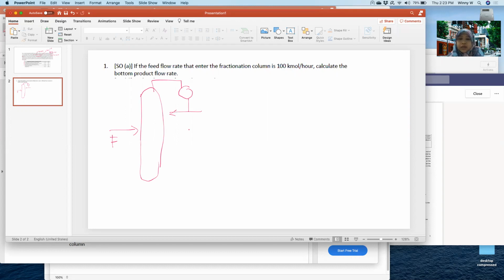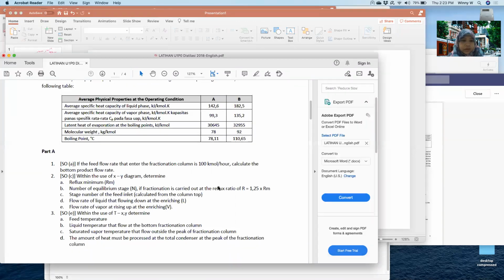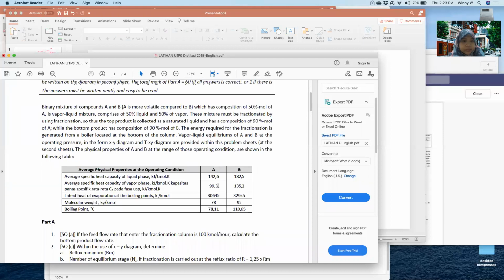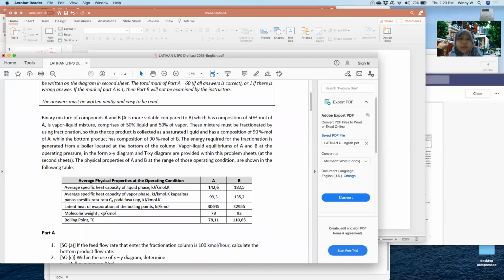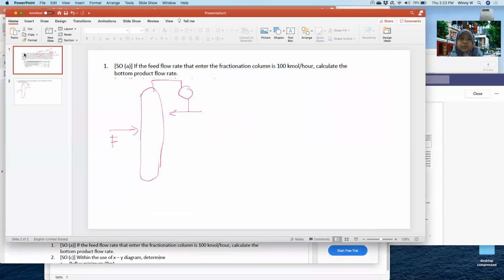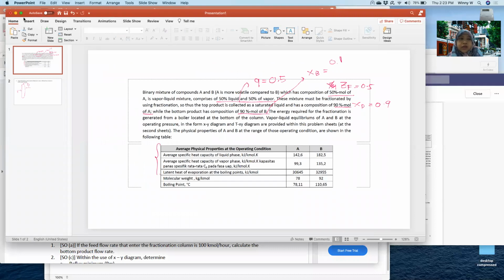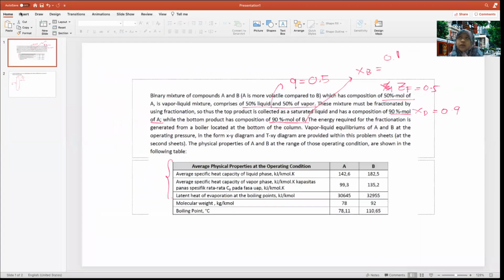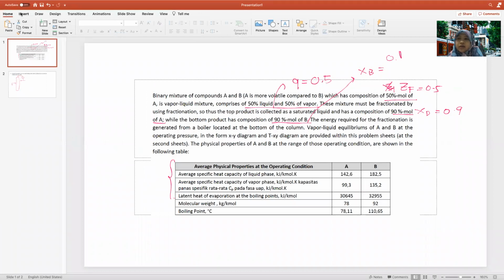We also need to check the condenser and reboiler. How do we check from the problem whether it is a partial condenser or a total condenser?